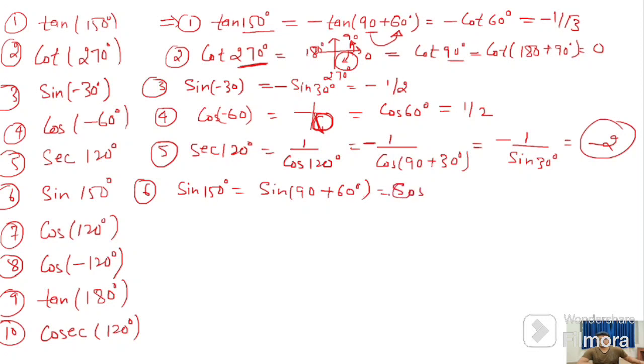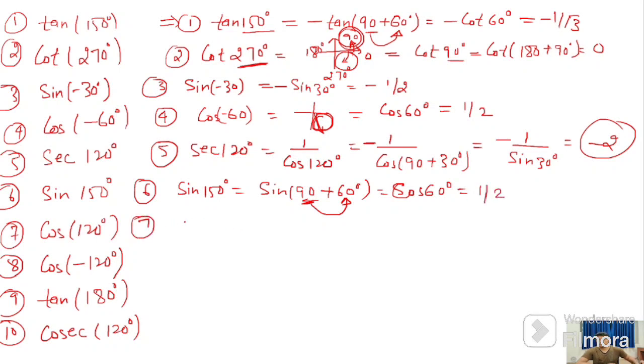Cos, because from the y axis, meaning from 90 or 270, the function will be changed. So sine will be changed into cos. Sine of 90 plus 60 is cos 60 degrees, and cos 60 is 1 by 2.